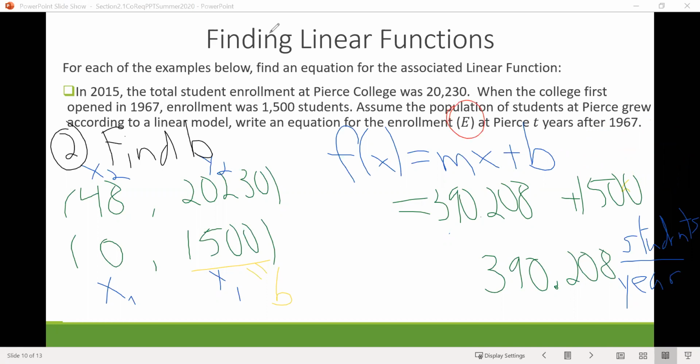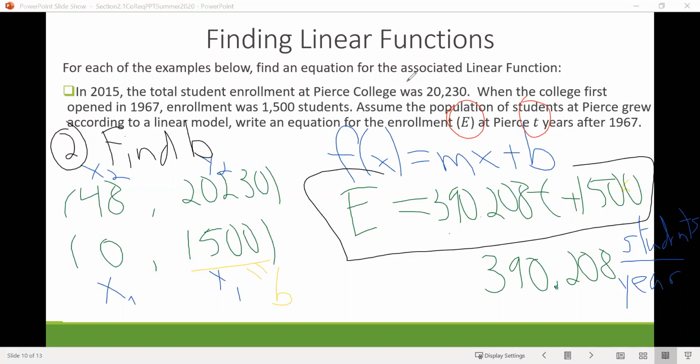Notice they told us to use E for enrollment and T for years. Recall that our inputs were going to be the times, or the years, so that'll be in the place of x, and our outputs were going to be the enrollments. So our equation will look like this: E equals 390.208t plus 1,500. Good times, right? Good times.